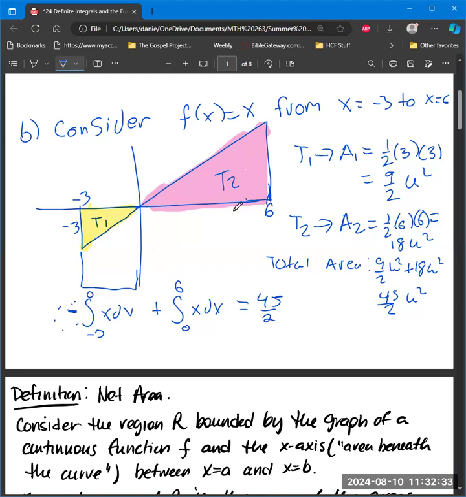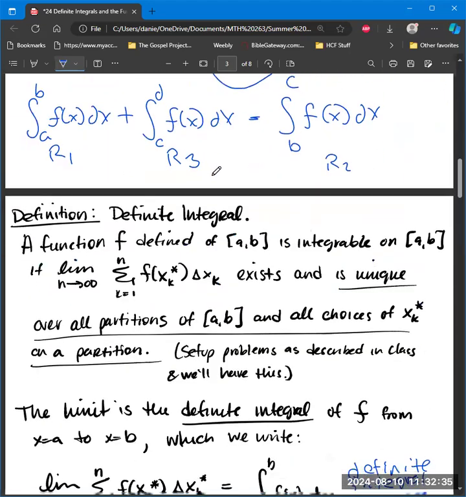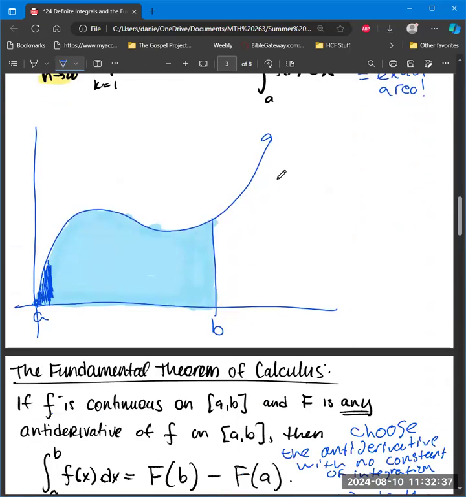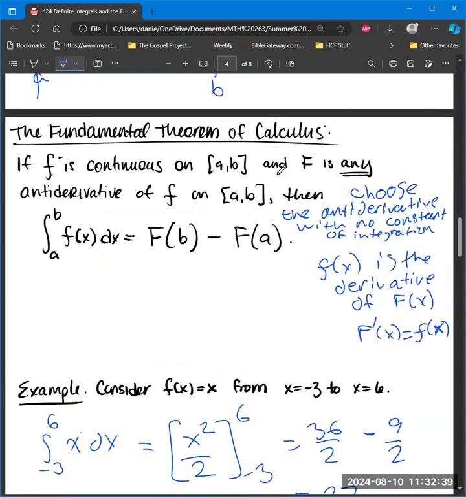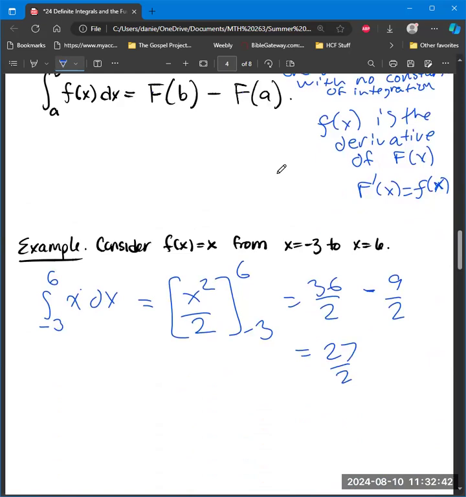So this is something where the positives and negatives are meaningful and opposite signs are going to undo one another, and we're going to see what's left over. And we only got left with 27 over 2 when we did this.